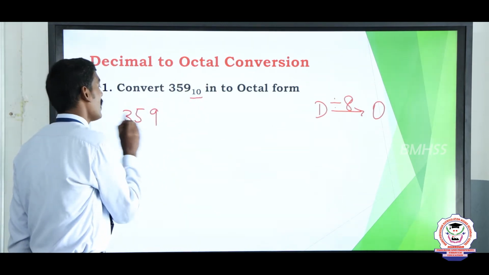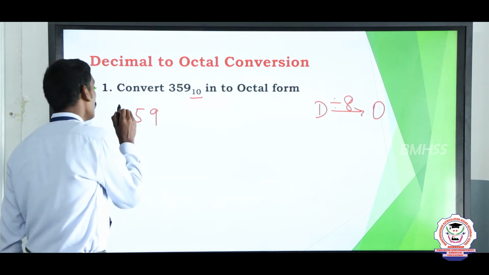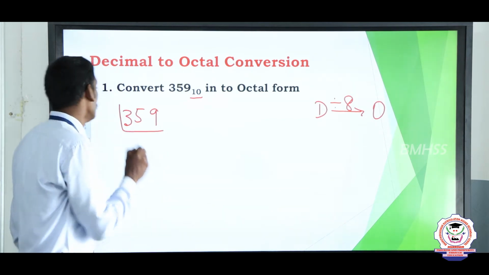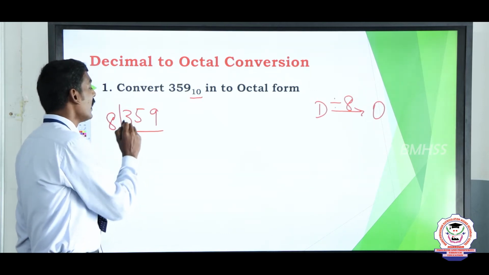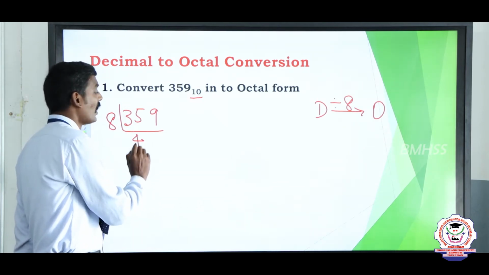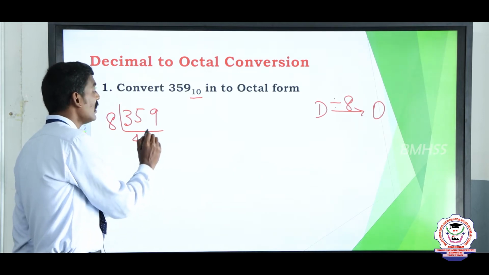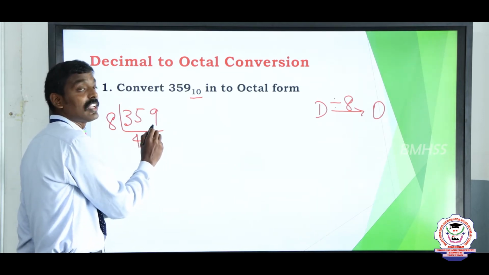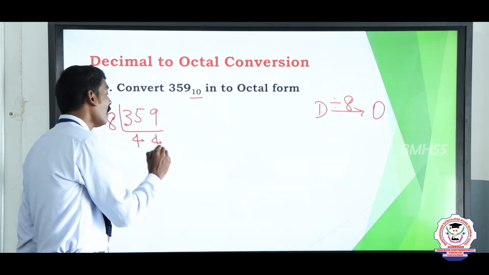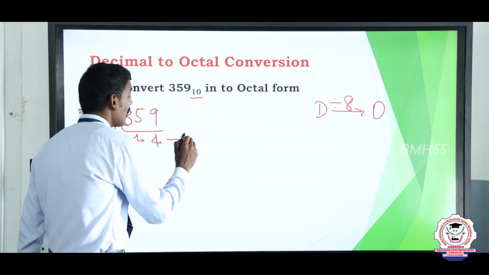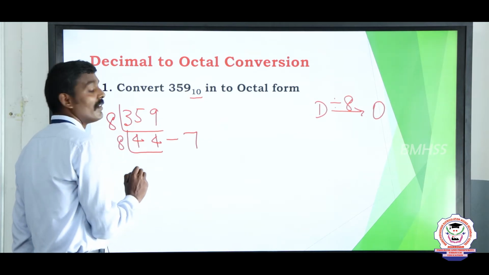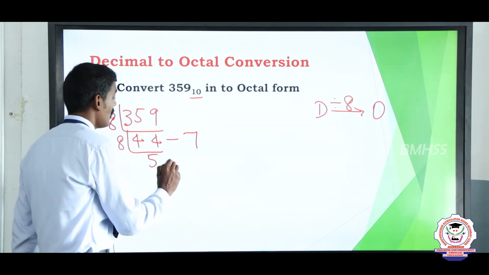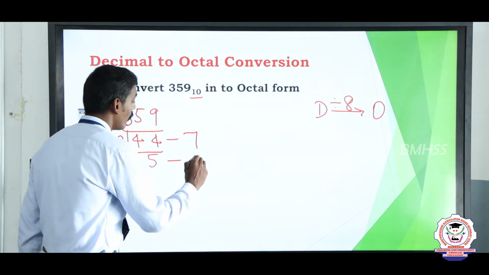Now the decimal number 359, to be converted into octal, should be divided by 8. What will happen? 8 fours are 32, and the remainder is 3, which is added, and then 39. Again 8 fours are 32. What will be the remainder? 7. Again you should divide it. 5 eights are 40, and what will be the remainder? 4.